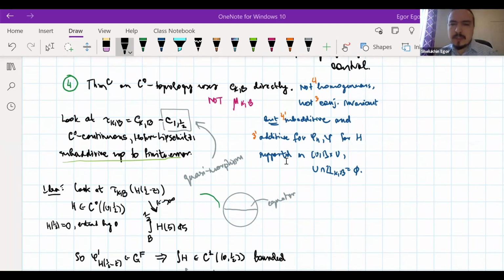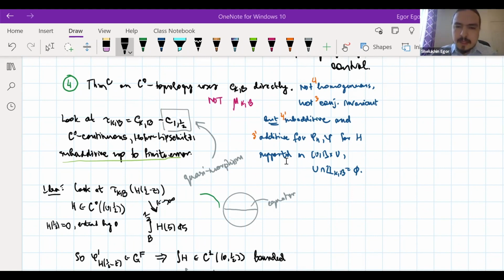But the non-homogenized ones are not homogeneous and not conjugation invariant, because basically you can move around the Lagrangian by conjugation. So that makes it not true. However, they are subadditive, and also they are partially additive, which is actually not known and probably not true for mu KB. But okay, at least not known.